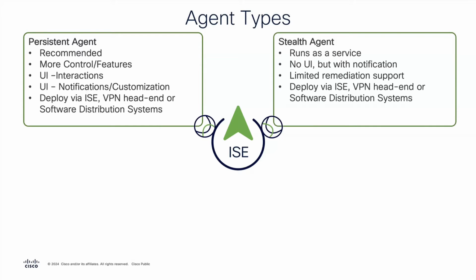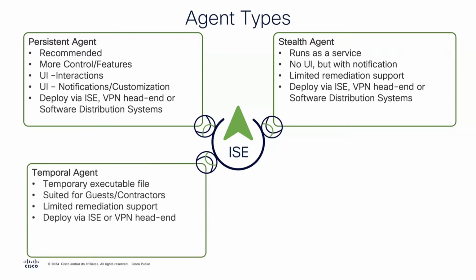The second one is a stealth agent, where the stealth agent runs as a service in the background. There is no UI involved in it, so that a user doesn't even come to know that there is an agent running on the endpoint. It's just to give a different user experience altogether.